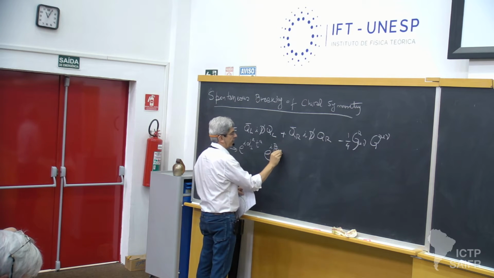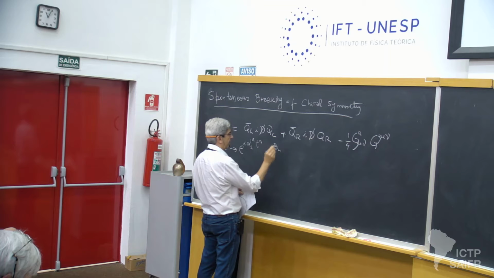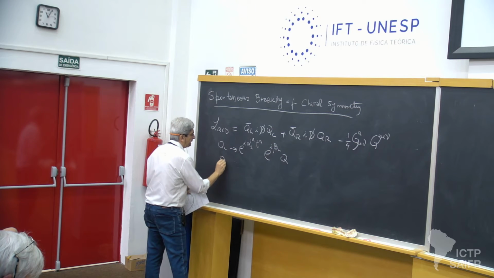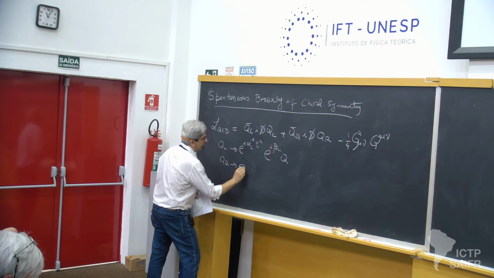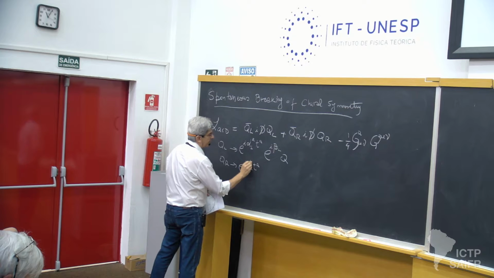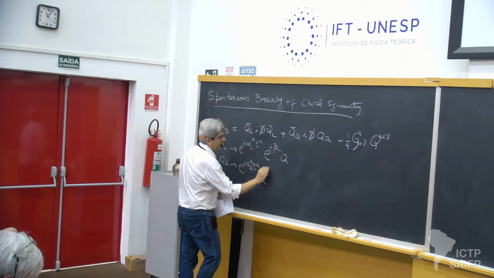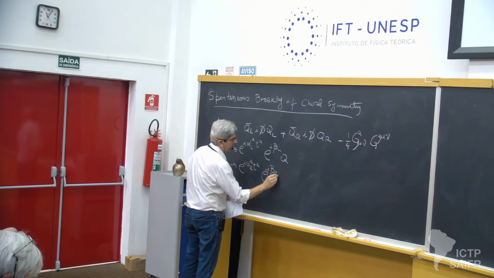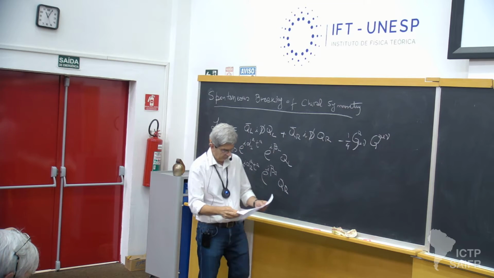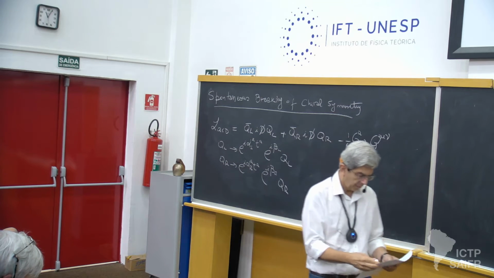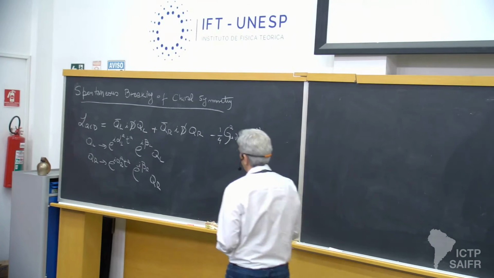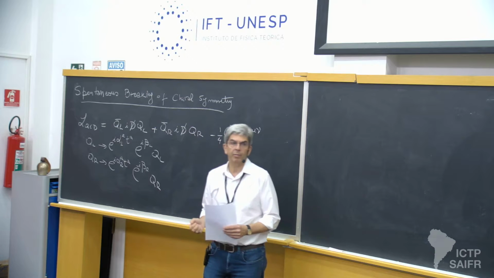So this is Q left. This is the U1 transformation. It's a global transformation. And then Q right is invariant under e to the i alpha right, e to the i beta right. Okay. And so the idea was that this symmetry is going to be spontaneously broken.